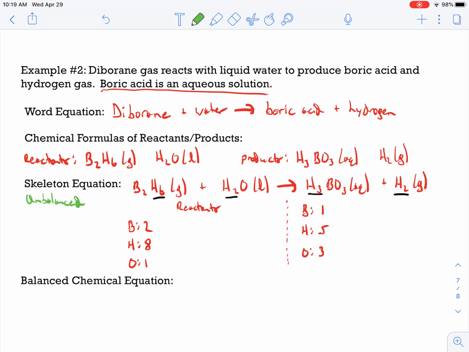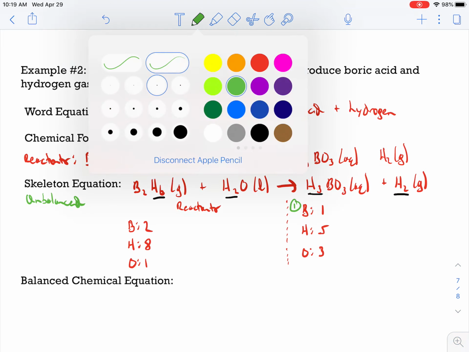If we can, we're going to want to wait on them. But we know that boron right now only appears once on each side, and we currently are unbalanced. So the first one I'm going to want to balance is boron. We start out with 2 in the reactants, but we only have 1 on the product side.